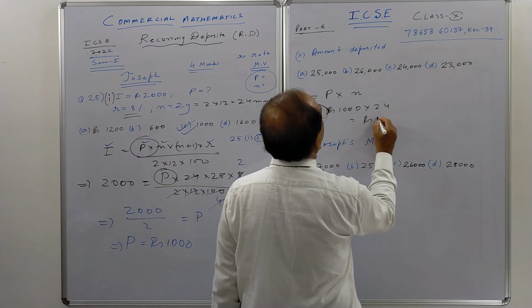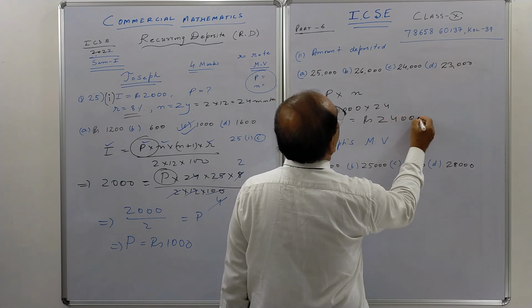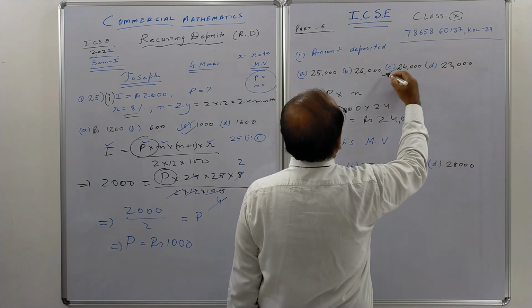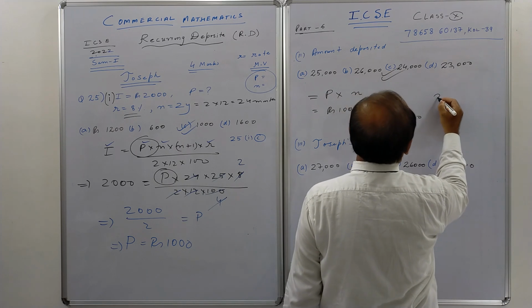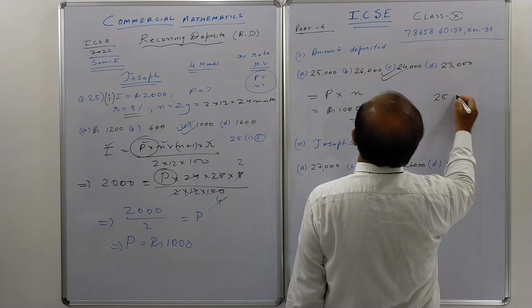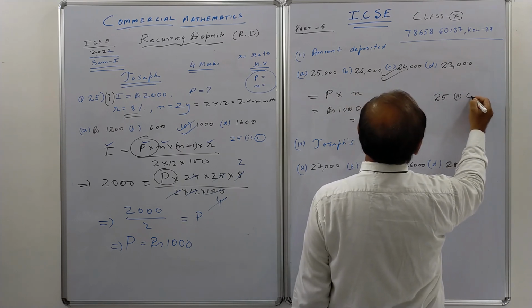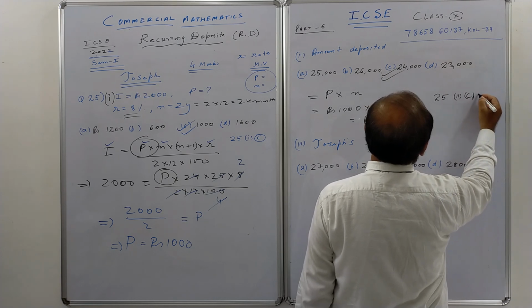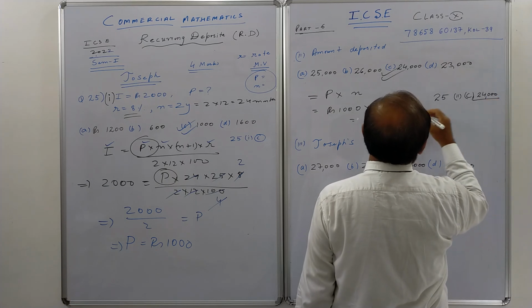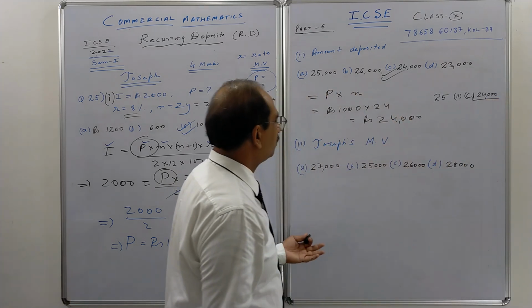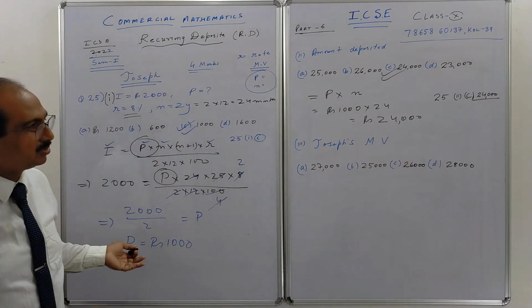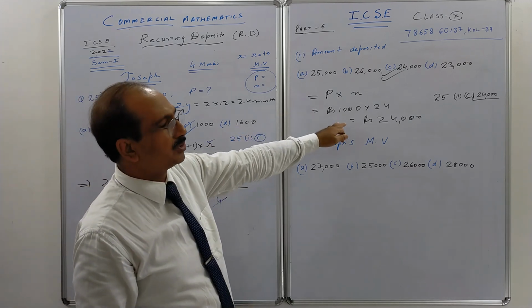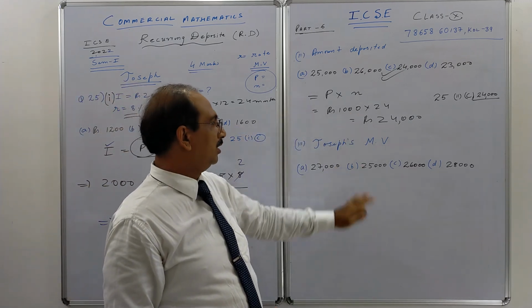So he deposits what I call his money, which is 24,000. So the correct answer is 25 part 2, C, 24,000. So first part we have got the monthly installment, 1000 rupees he puts for 24 months, 24,000.